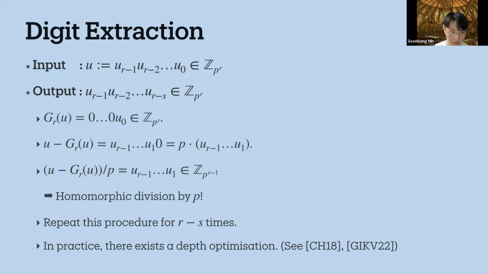And then you compute u minus G_R, and then the last digit is removed. So you can use the homomorphic division by P to get rid of the last digit. You can repeat this procedure R minus S times, then the bootstrapping is done.